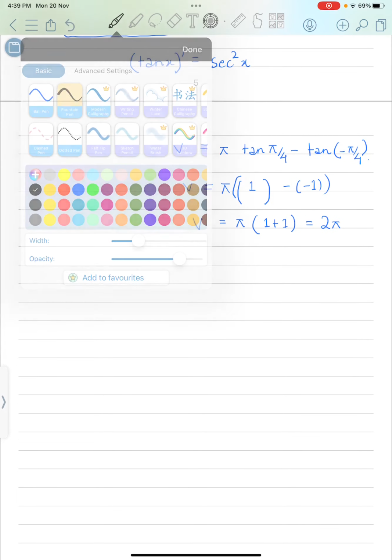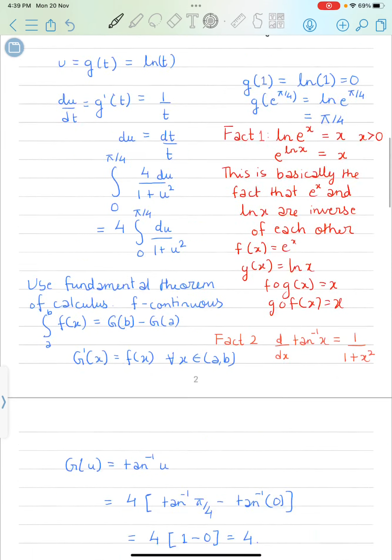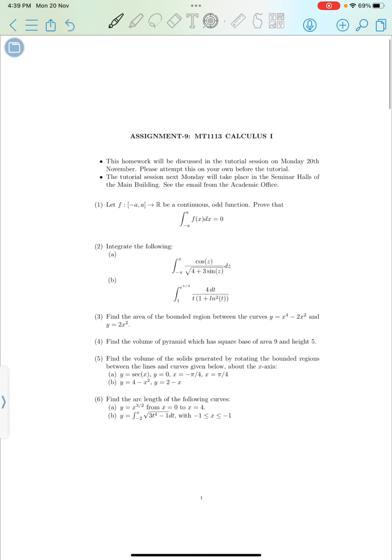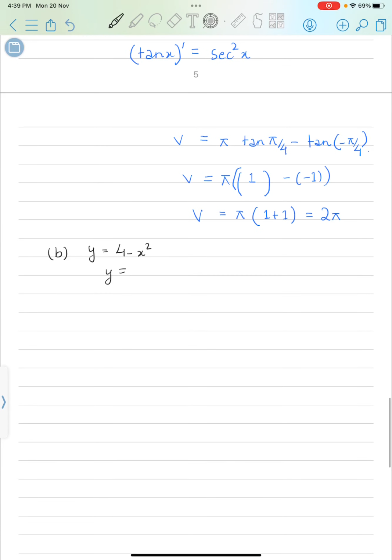Let's write it. y = 4 minus x square, y = 2 minus x, and rotation around the x-axis.